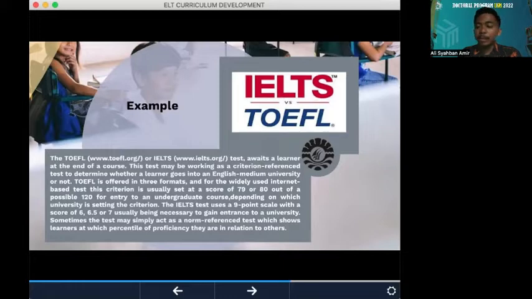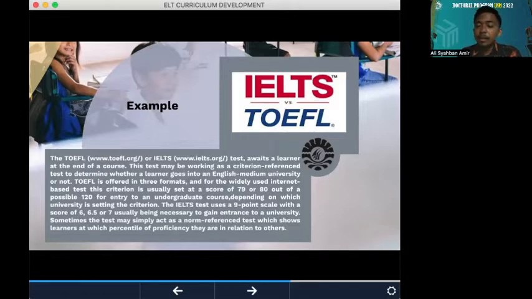TOEFL is offered in three formats, and for the widely used internet-based test, IBT, the criterion is usually set at a score of 79 or 80 out of a possible 120 for entry to an undergraduate course, depending on which university is setting the criterion.